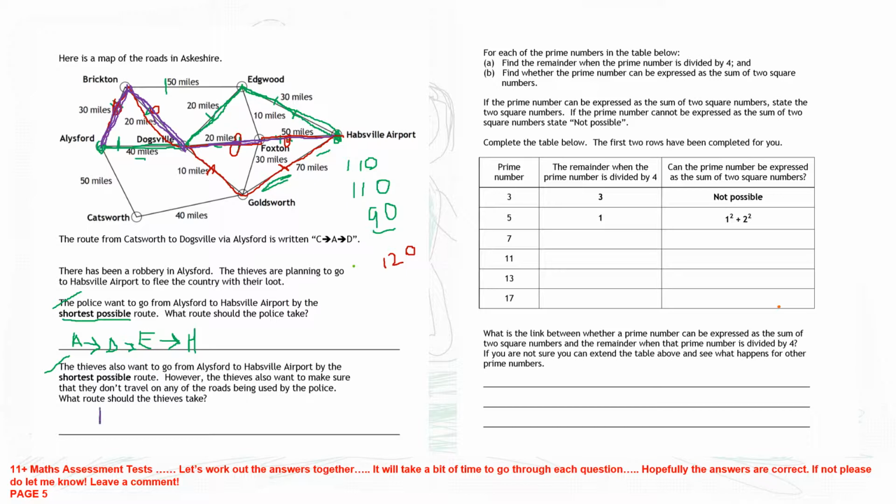So they go from Aylesford to Brighton to Dogsville to Foxton to Habsville Airport.